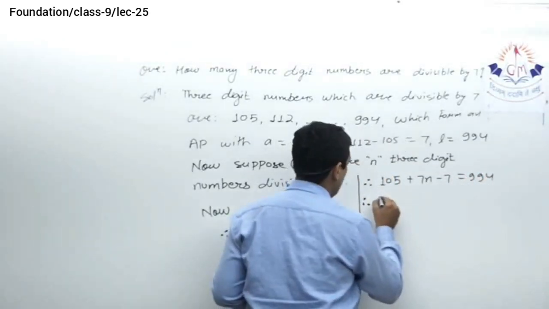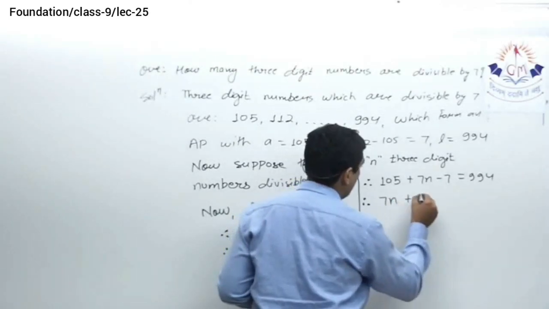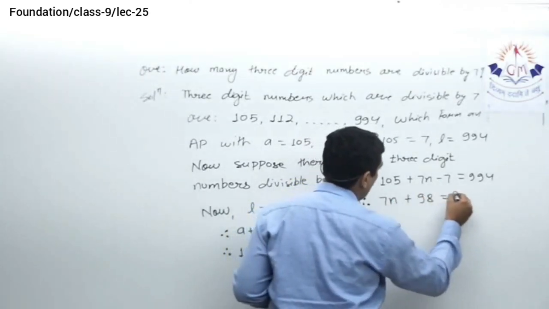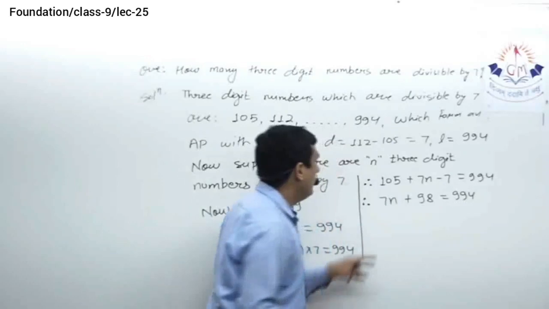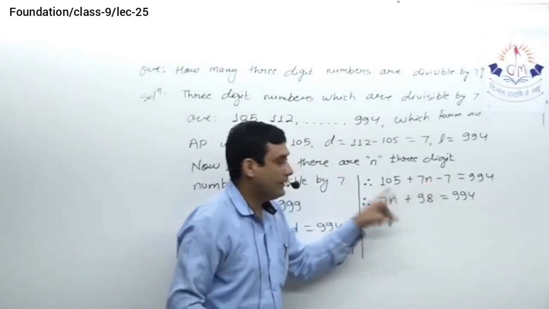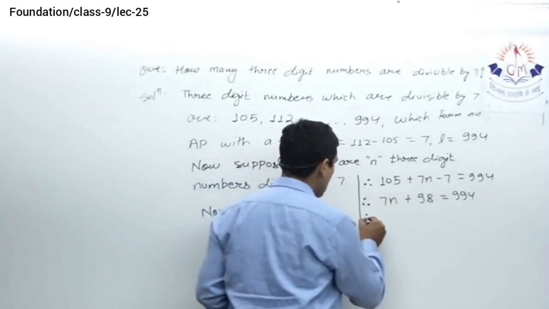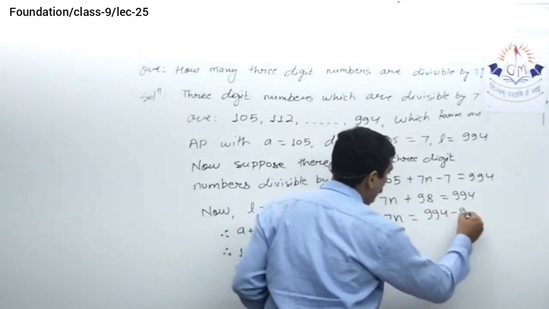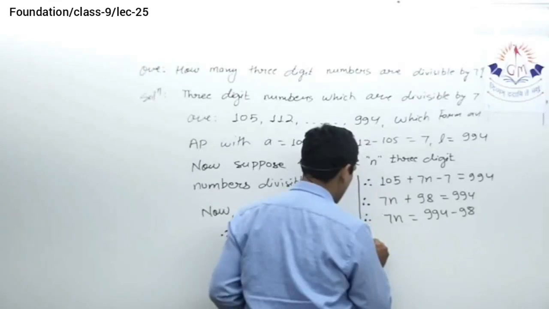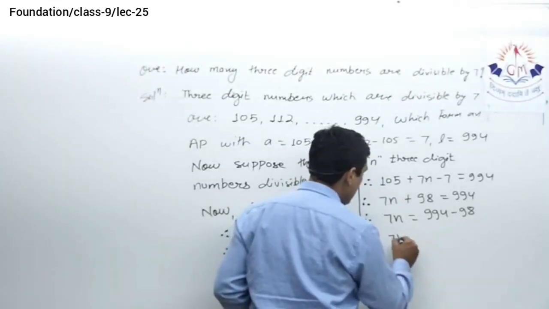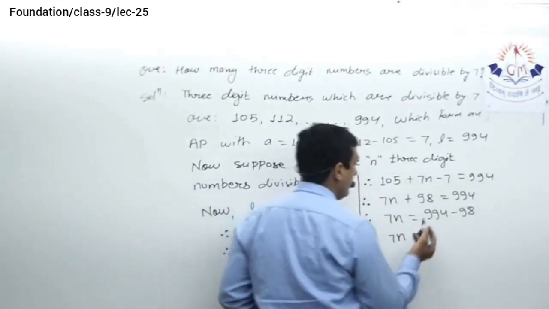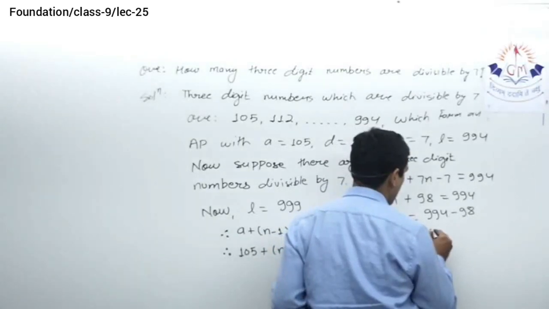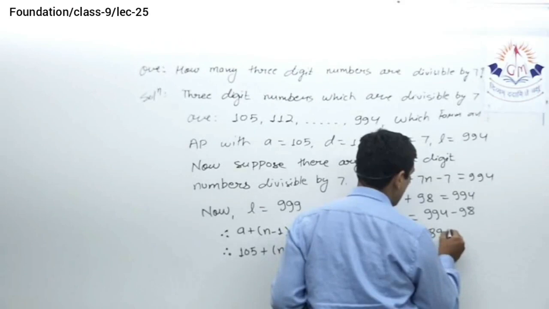Therefore 7n plus 98 is equal to 994. 105 minus 7 is 98. Therefore 7n is equal to 994 minus 98, therefore 7n is equal to 896.